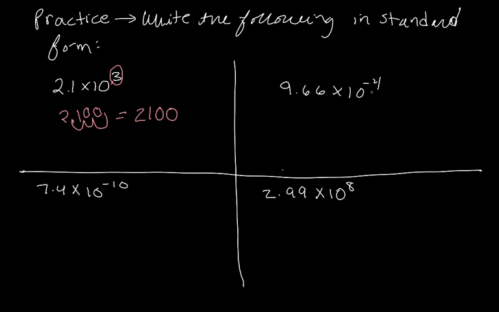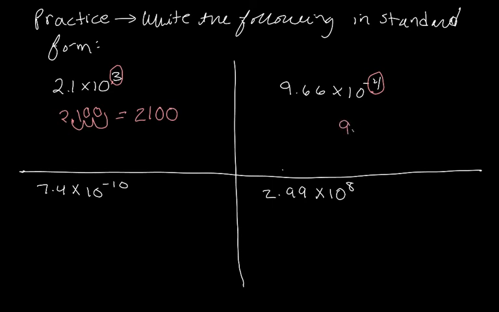Here, our exponent is negative 4, right? Which indicates that our decimal part is going to get smaller, and we're going to move our decimal to the left to make it smaller. We're going to move it to the left by 4 times.